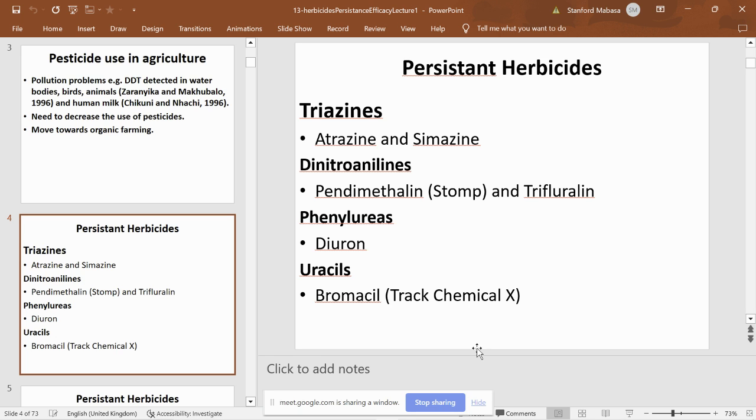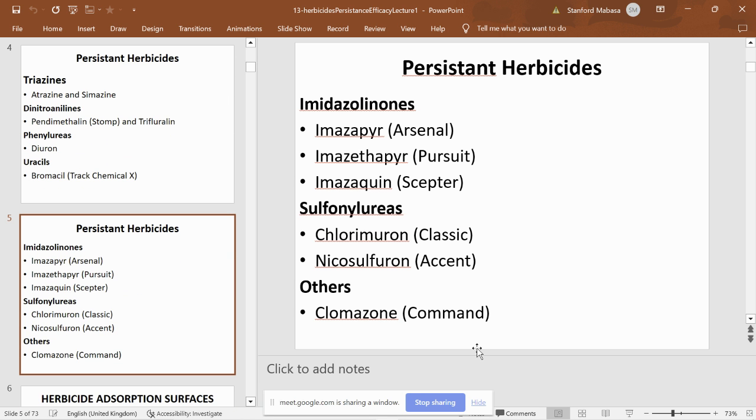I think for uracil, its persistence is required because it is sprayed along railway lines to control the vegetation along the railway tracks, and you want a long residual herbicide there. It's not a cropping field. Imidazolinones: imazapyr, Arsenal. Yes, that one can have a long persistence.